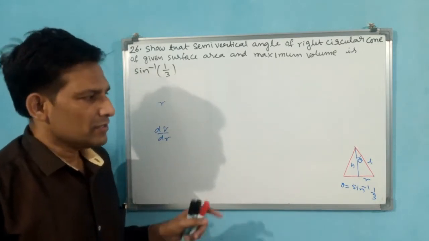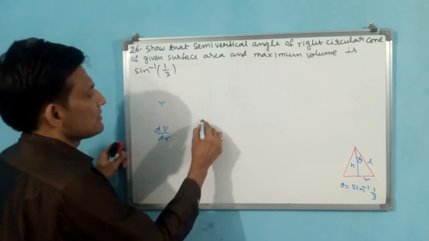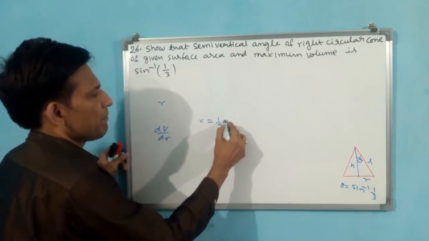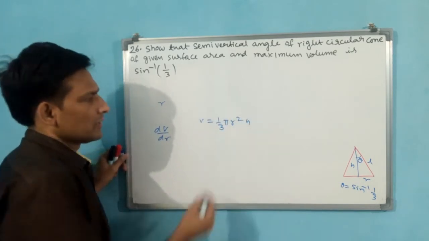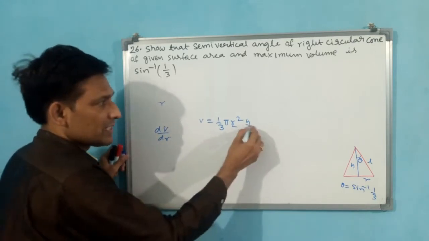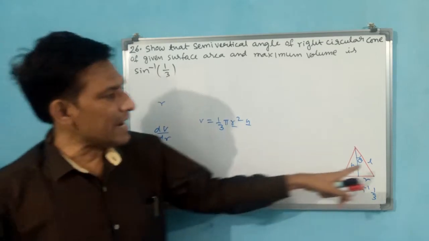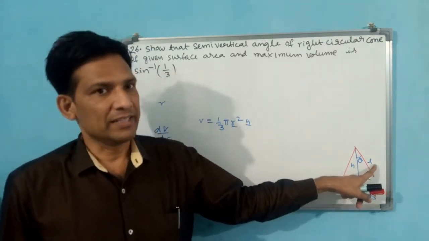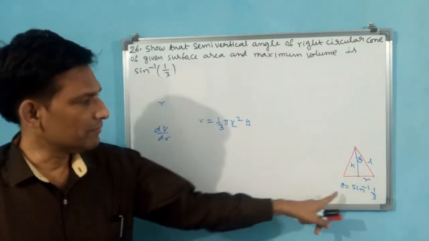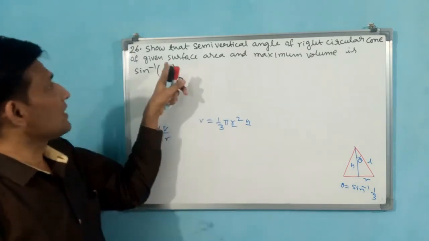For volume it is 1/3 πr²h. See, r is already there, but h in terms of slant height we found earlier for tan and all. Now here we have to write the surface area.